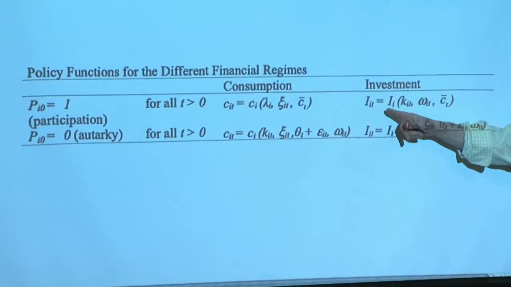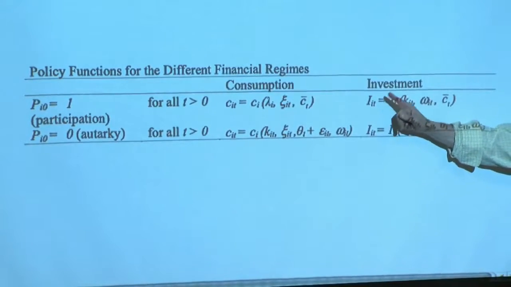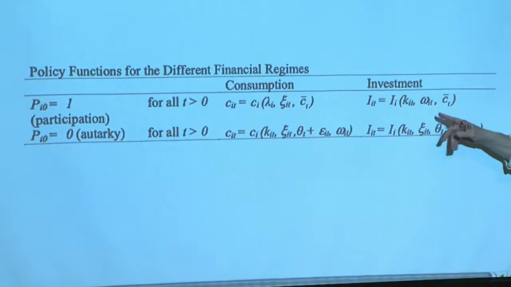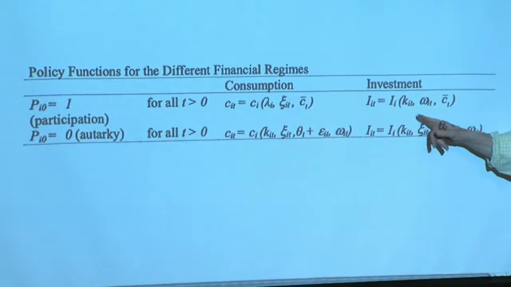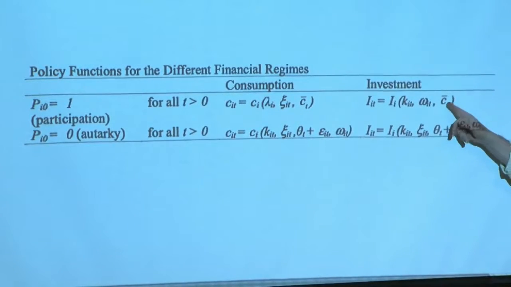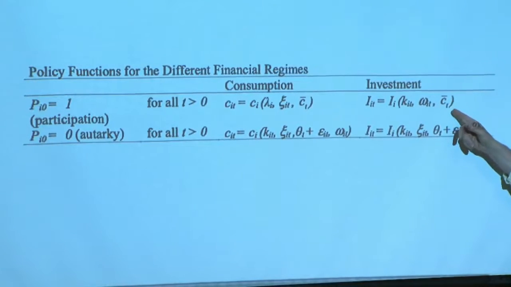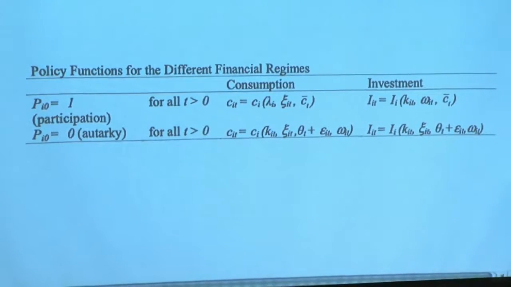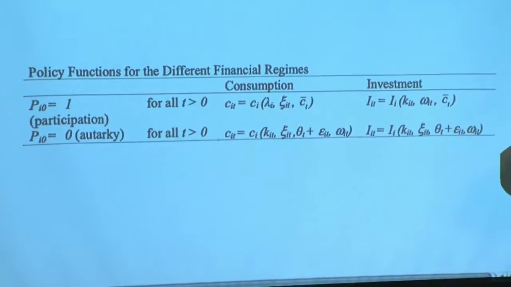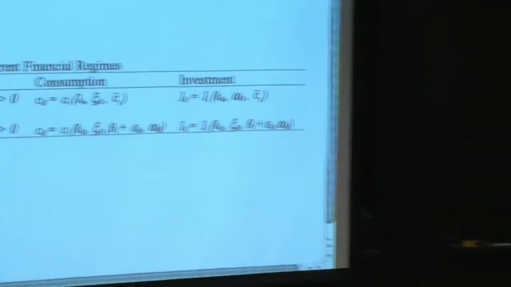By the way, you haven't seen this today, but investment is also a function of the adjustment costs, the capital stock, and the same aggregate consumption, because it's the same resource constraint. So the price of consumption today versus tomorrow is not only influencing consumption, it's influencing investment intertemporally.